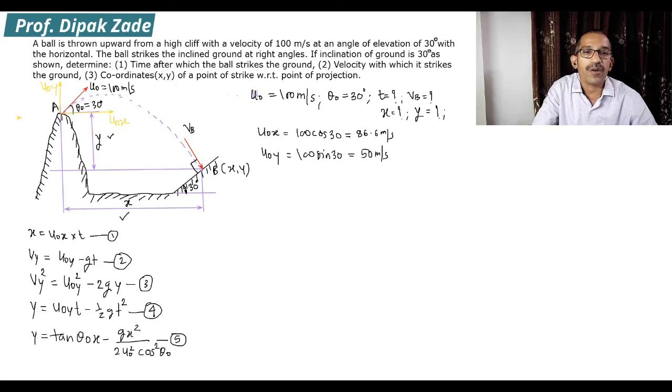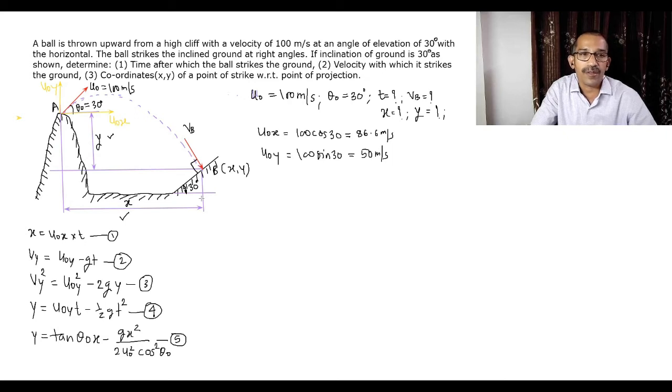That is nothing but the horizontal component of velocity, which always remains constant in projectile motion. What is the reason? There is no acceleration along the x-axis, therefore the horizontal component of velocity remains constant. Now if we equate horizontal components at A, means initial, and at B, then easily solution is possible.